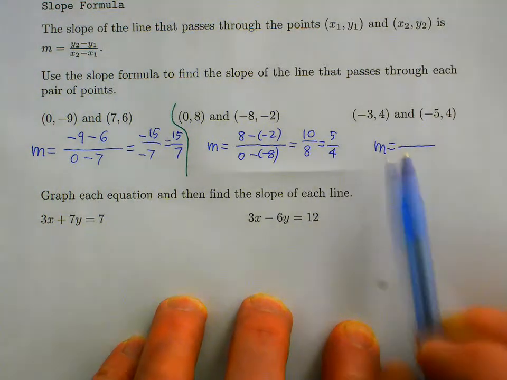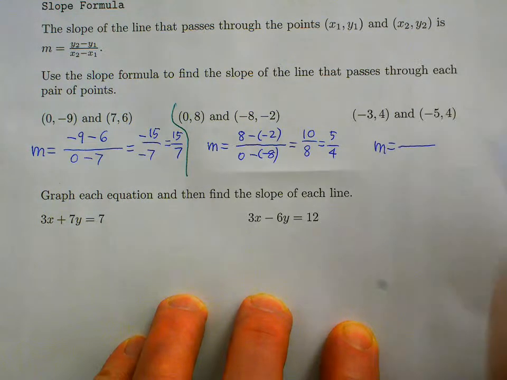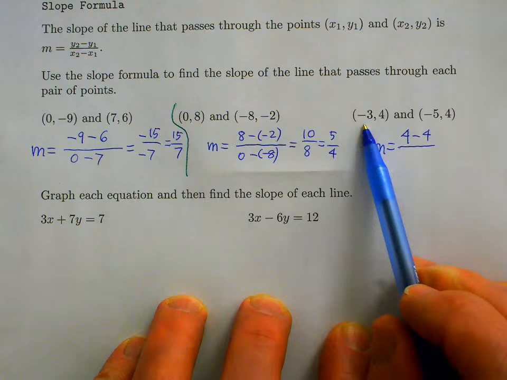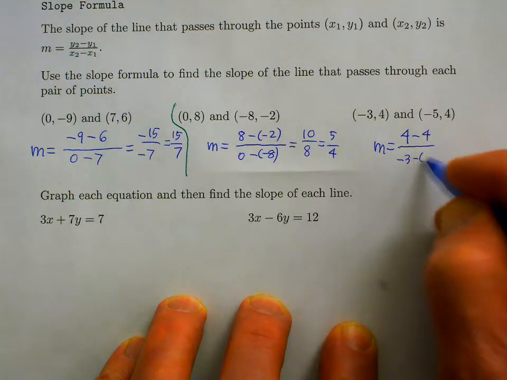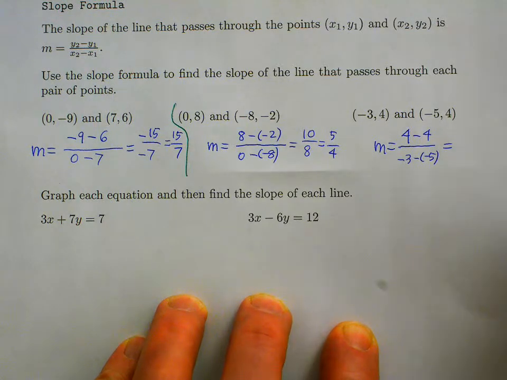Okay, so in the numerator, the difference in the y-coordinates, 4 minus 4, and in the denominator, -3 minus -5. In the numerator, 4 minus 4 is 0.